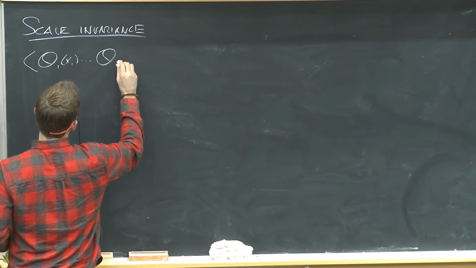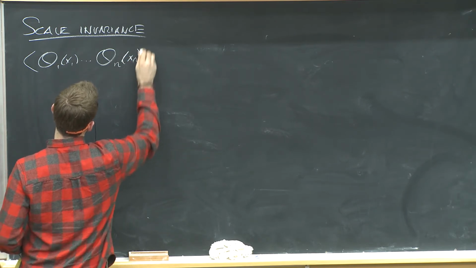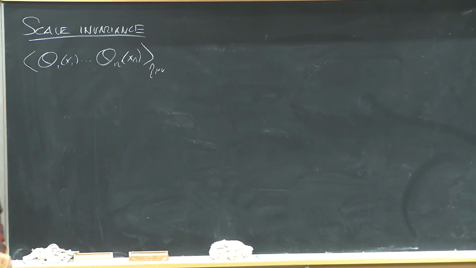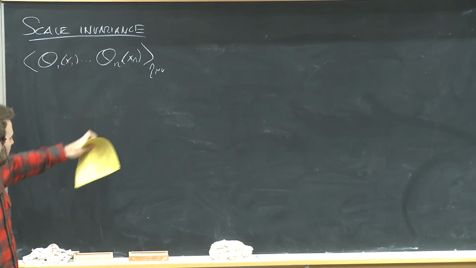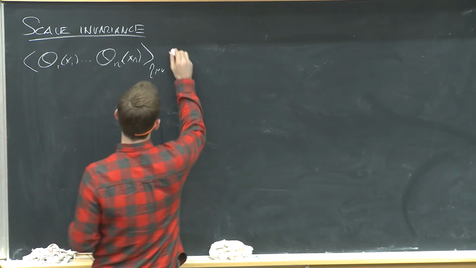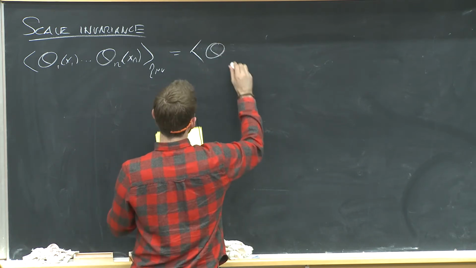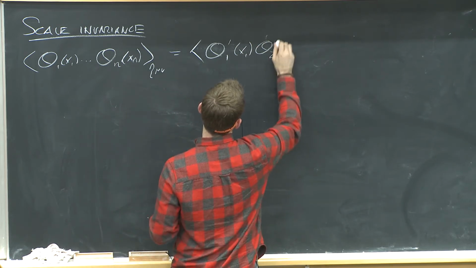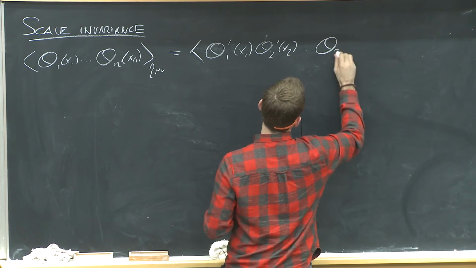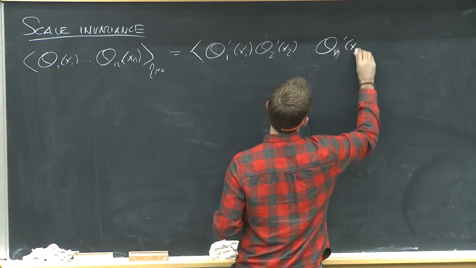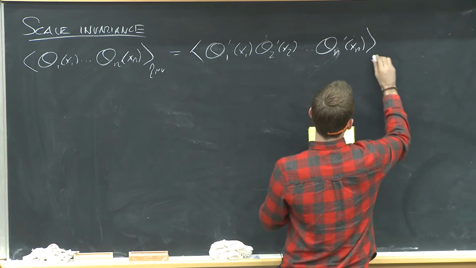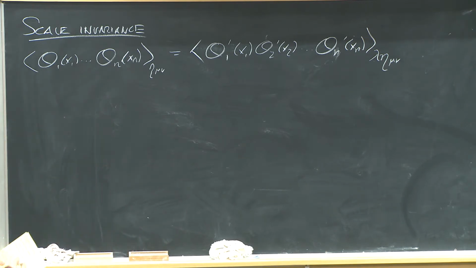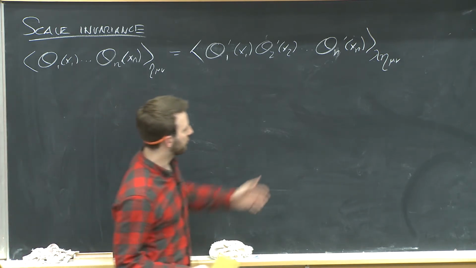And if I am at such a fixed point, then I should have a relationship between some correlation function of local operators in flat space with a fixed metric that I've named eta mu nu, and a nearly identical correlation function where I have rescaled space.